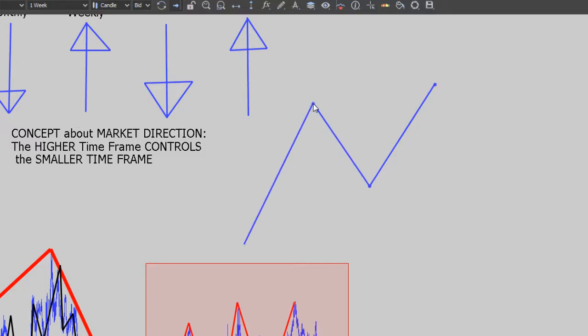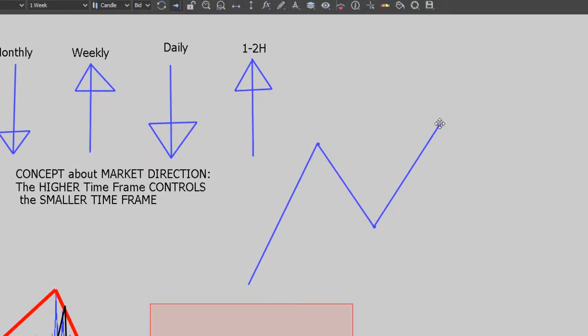Let's do it like this, and a bigger one, and a bigger one like this. Okay, this is the monthly.